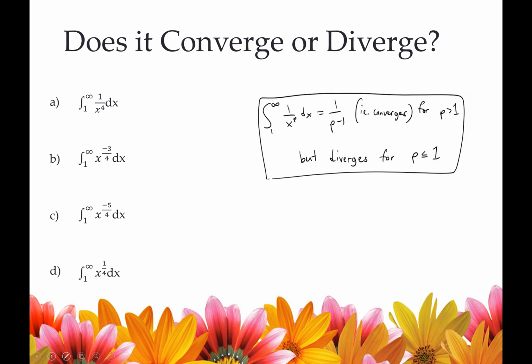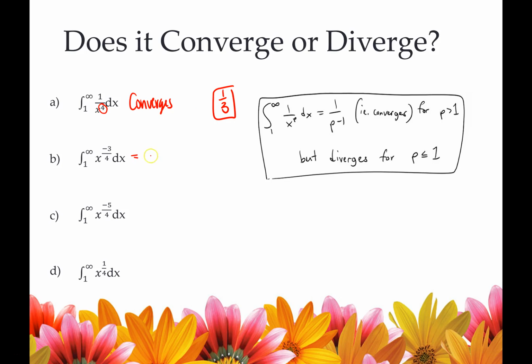So if I asked you from A, B, C, and D, do these converge or diverge? Here the p is 4, so we would say that it converges. Because the p is 4, it's going to converge to 1 over 4 minus 1, which is 1/3. So not only does it converge, it converges to an area of 1/3, and you just found the area.